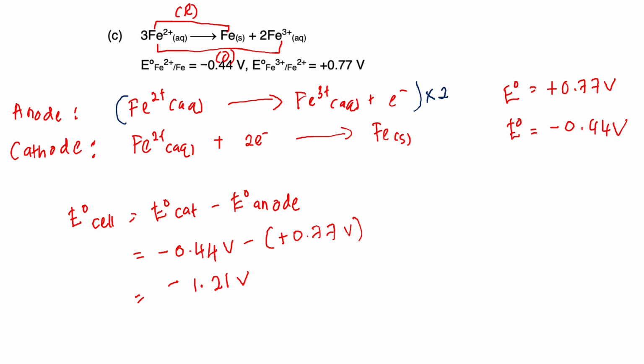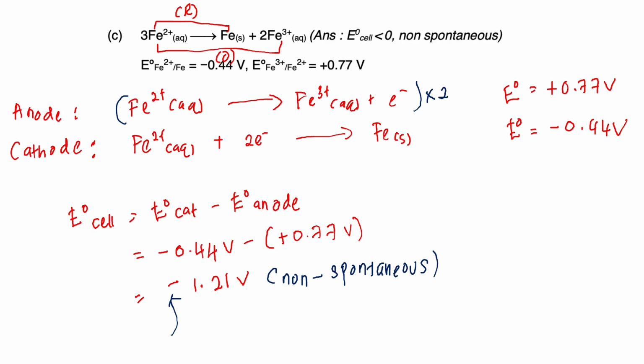As we can see, we are getting a negative answer here. So we can conclude that this redox reaction is a non-spontaneous reaction. Am I right? Yes, we are correct. I hope that all these examples will help you to understand how to determine spontaneous and non-spontaneous redox reactions.